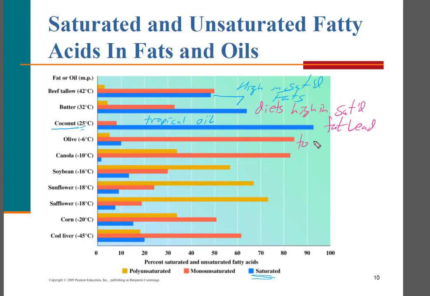lead to increased blood cholesterol. So, your doctor, maybe not for you if you're not an old guy like me, but your doctor might be interested in what your blood cholesterol level is, and that's because it's predictive of heart disease.